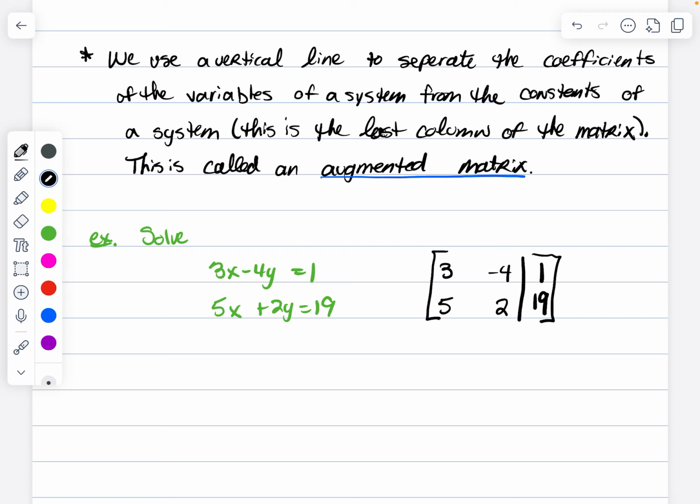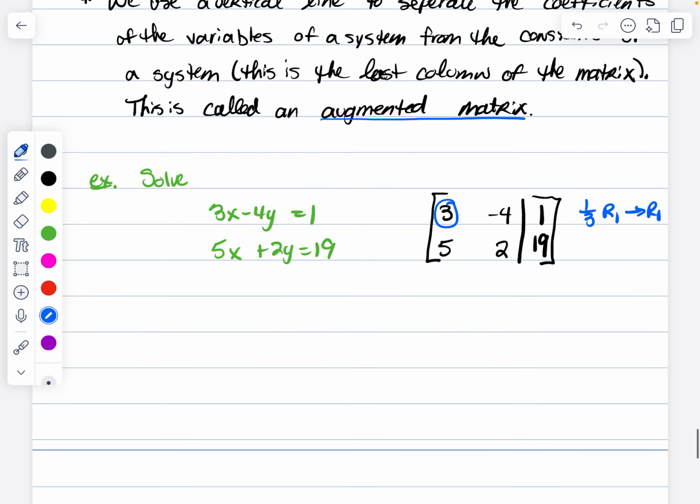So our first goal is to make this 1. We're going to take 1/3 of row 1 and replace it in row 1. This is one of our transformation rules. 1/3 of 3 is just 1, and if you didn't know, 1/3 times 3 in the calculator will give it to you.